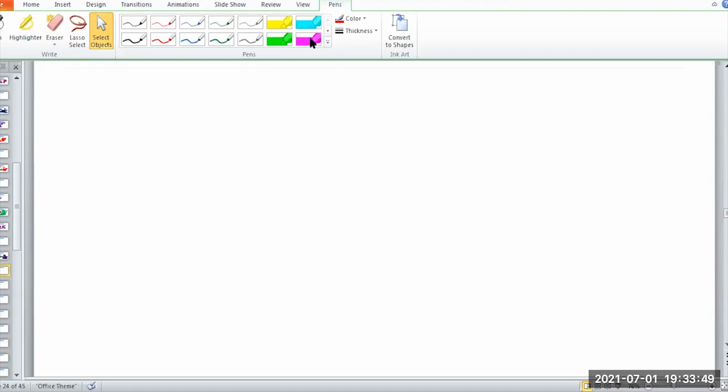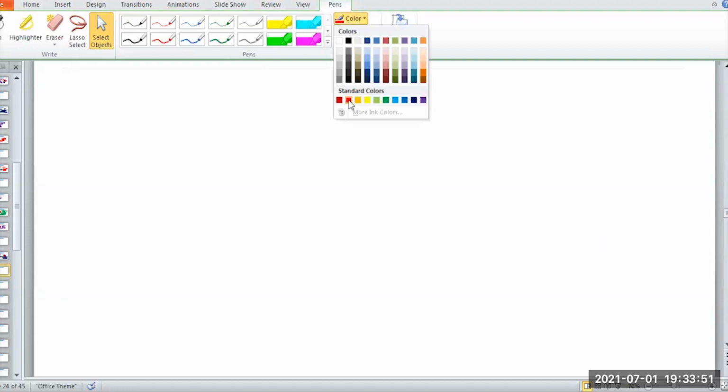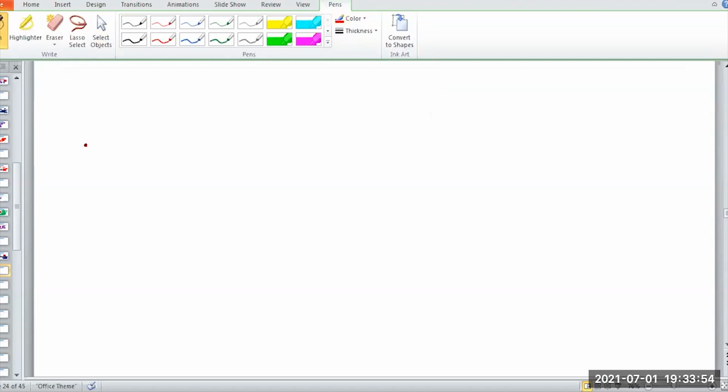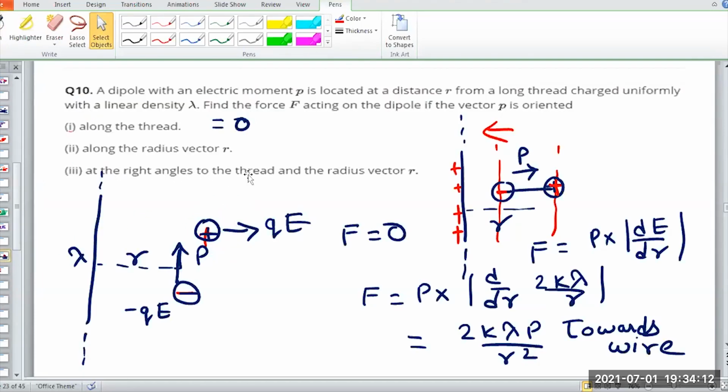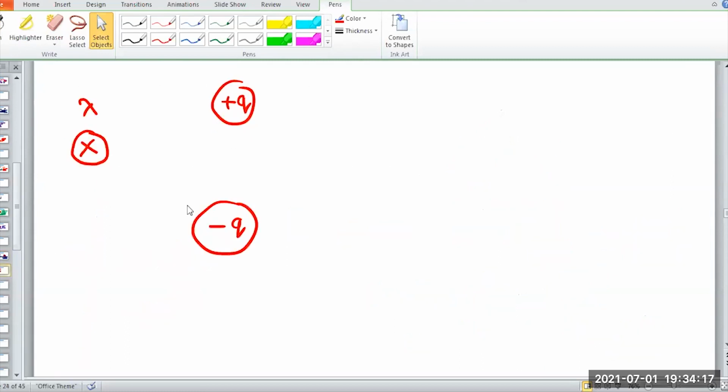Suppose I am drawing not in 3D, I am drawing in 2D. So my thread is going inside into the paper. And my charge plus q is there, my charge minus q is there for the dipole. Read the question: at right angle to the thread and radius vector r. So it is perpendicular to the thread also.